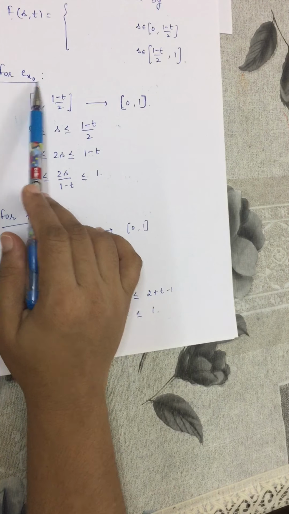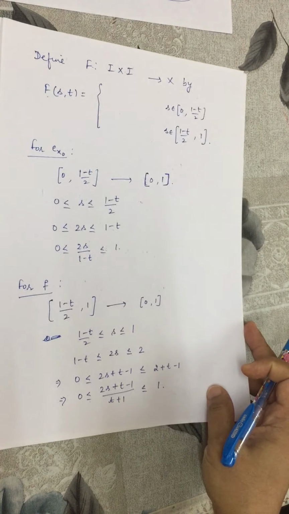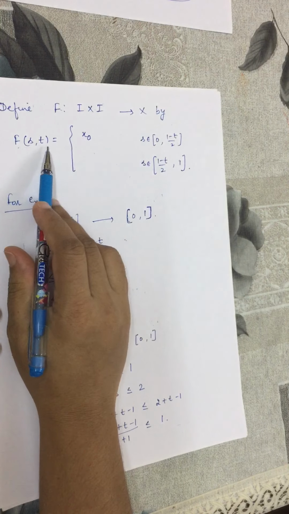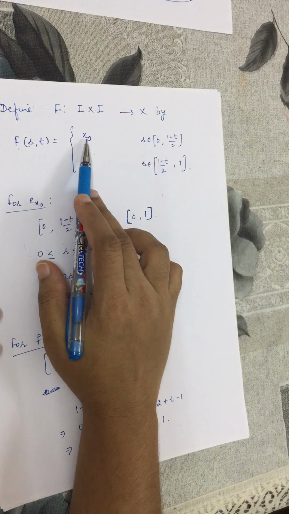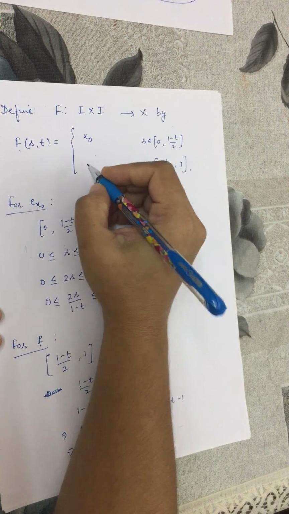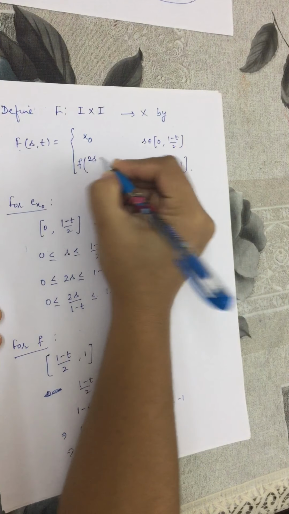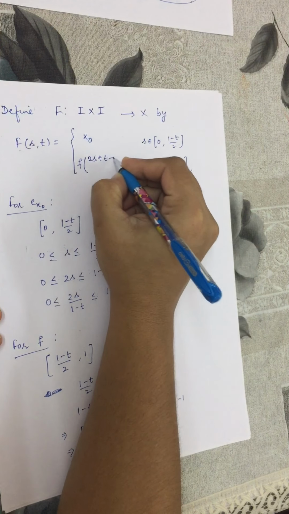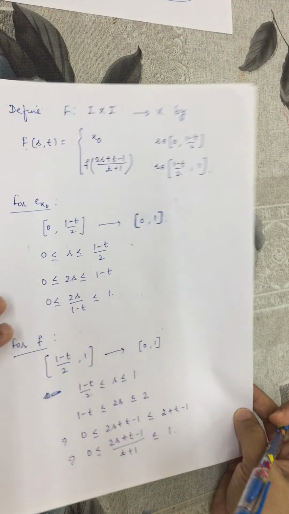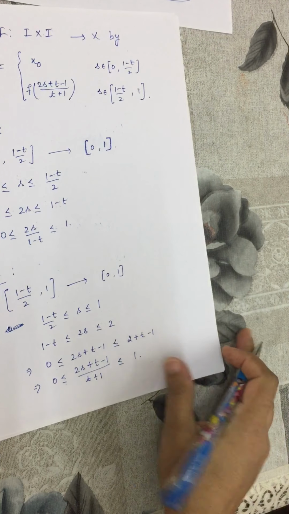But we know e_x0 is a constant path which maps every point to the point x0, so we can just write x0 here. So we define F(s,t) equals x0 whenever s lies in this interval, and f of (2s plus t minus 1) divided by (t plus 1) whenever s lies in (1 minus t)/2 to 1.